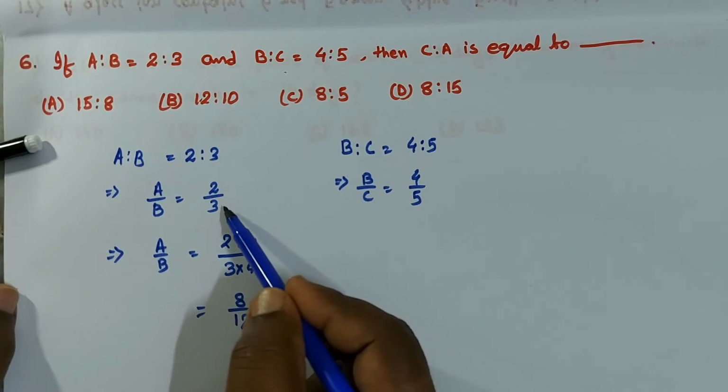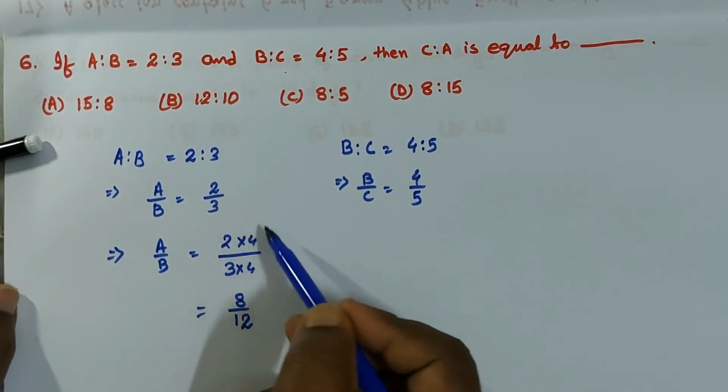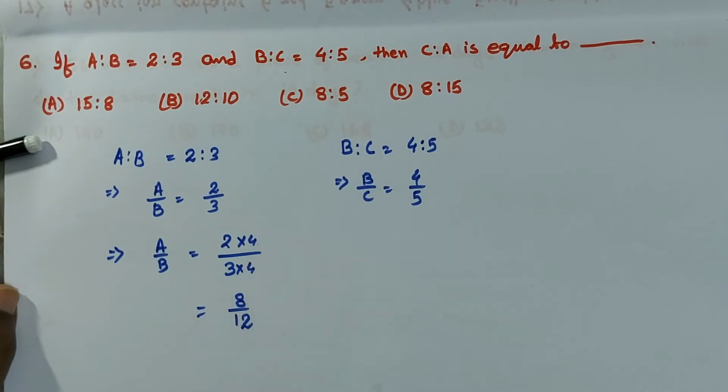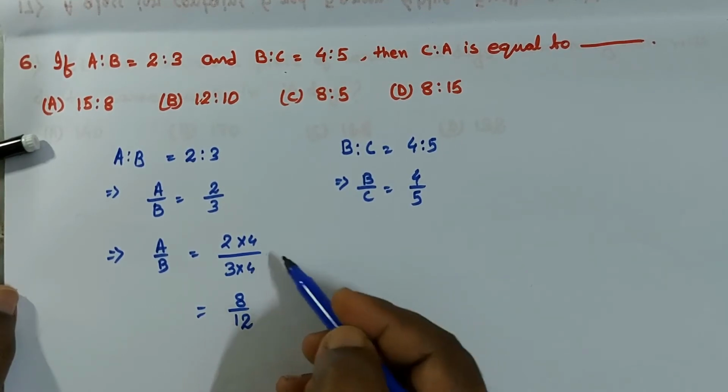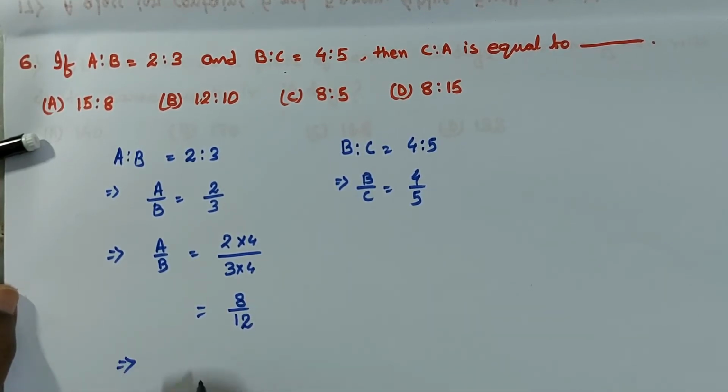We know the property of fractions that if the numerator and the denominator are both multiplied by the same number, or both divided by the same number, there will be no change in the value of the fraction. So A is to B is equal to 8 is to 12.